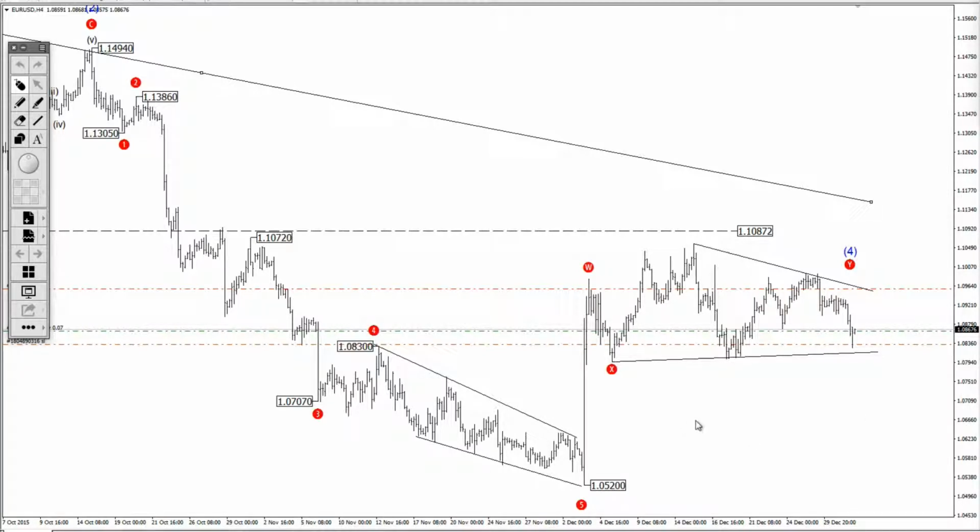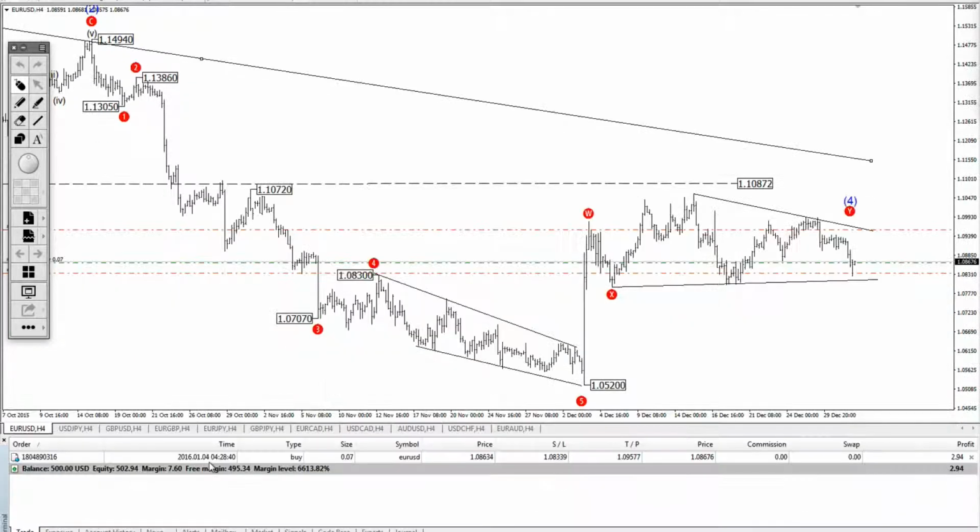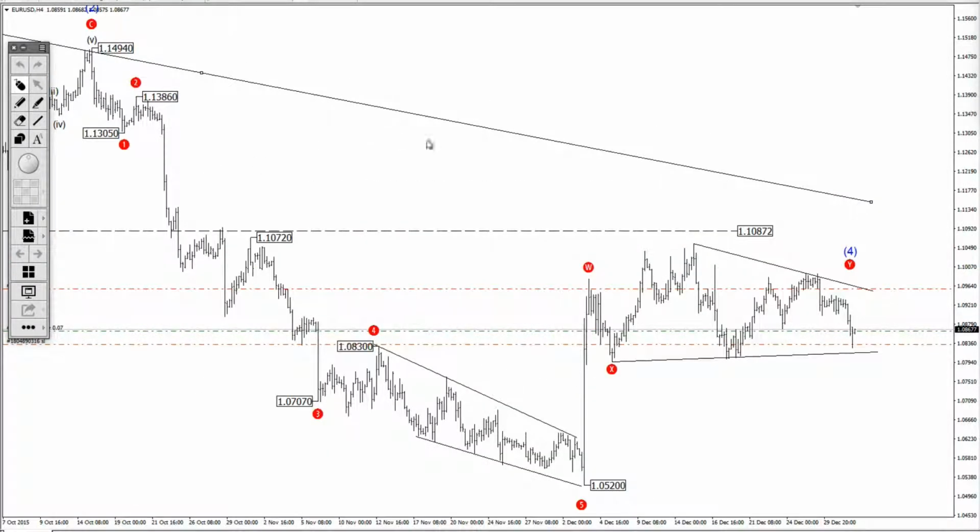That is the trade I have entered in EUR/USD. And I just want to show you that we have the $500 account here. The trade is running a couple of dollars in profit right now. And this is a real account that I'm trading with. I'm going to trade with this account every day, and this is only for the podcast, only for you, my audience.